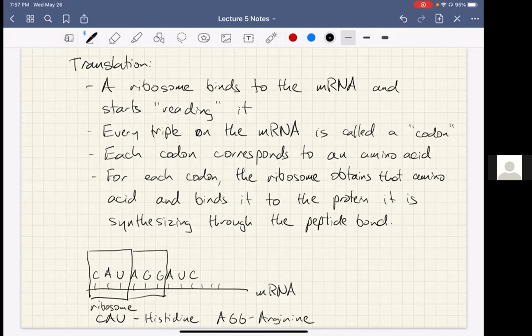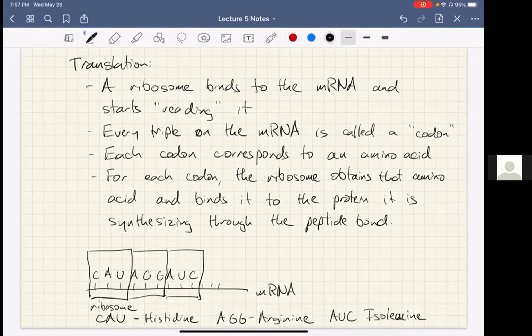Then it moves on. So basically it plugs the histidine into the arginine, moves on to the next three, AUC, is an amino acid called isoleucine. And so on. So basically, this mRNA is a program for producing a custom protein that is specified at the molecular level.